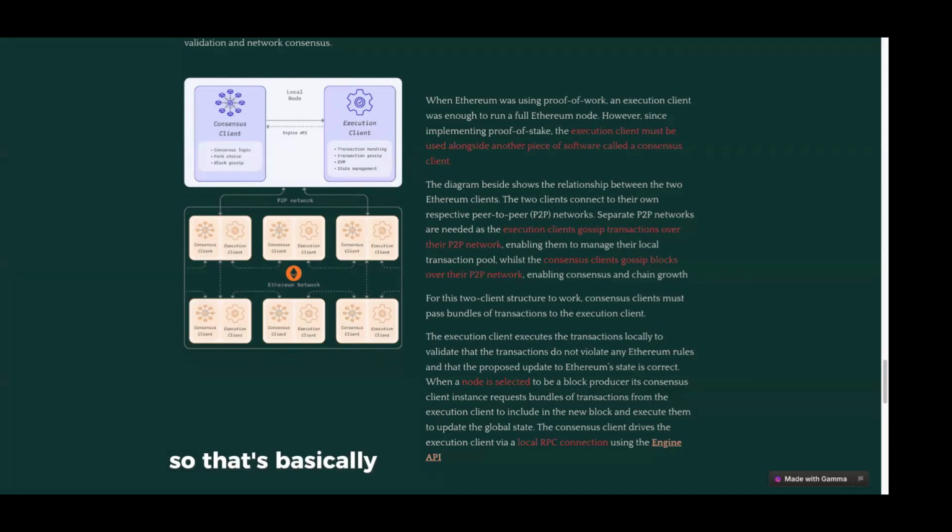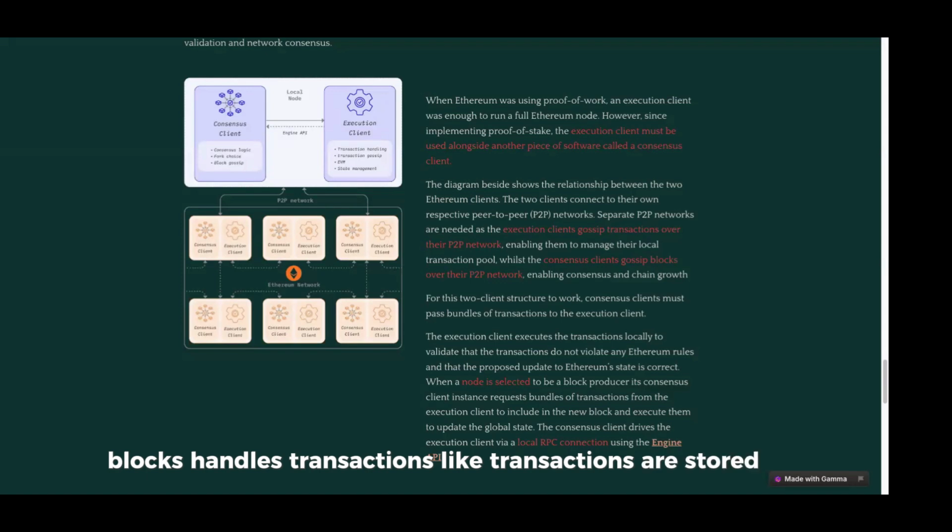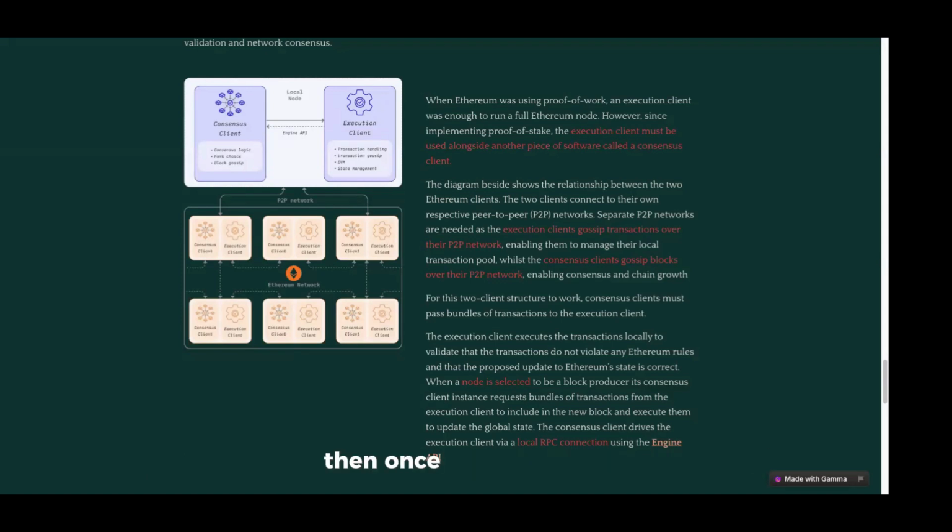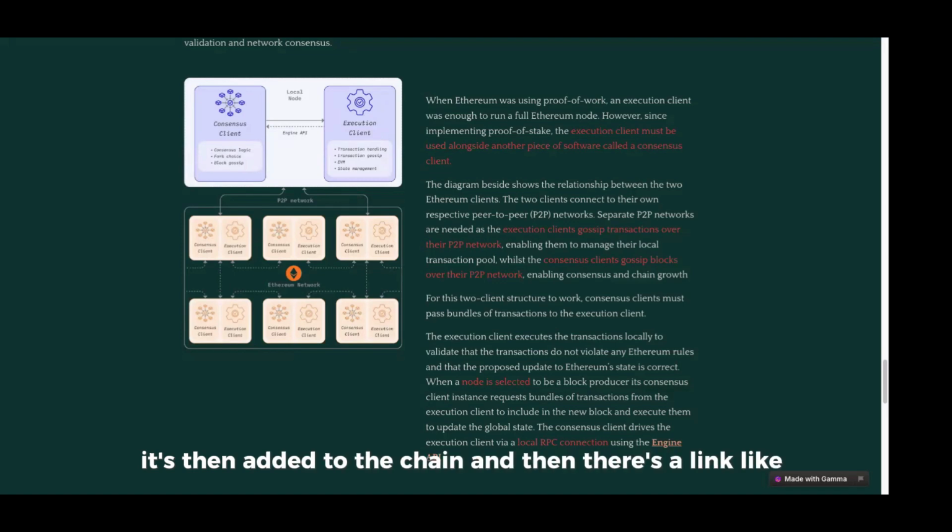That's basically the idea of blockchain: transactions are stored in blocks, then once the block gets filled, it's added to the chain, and there's a link like that.